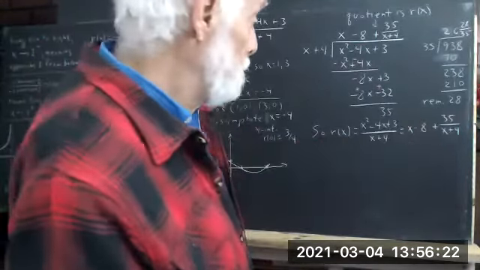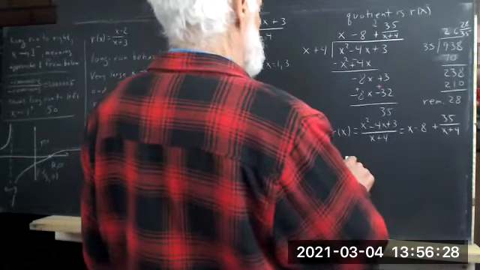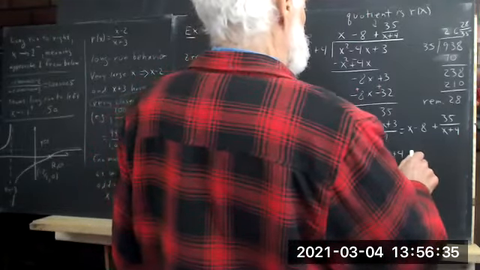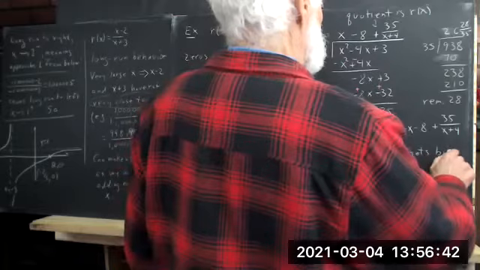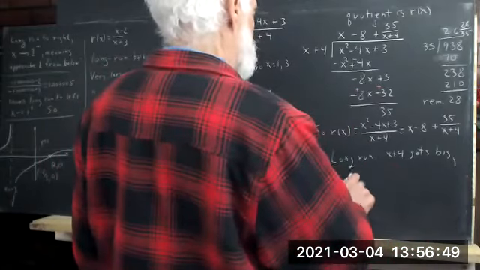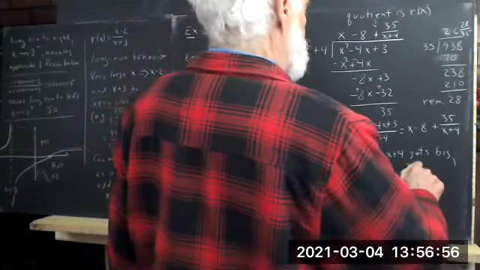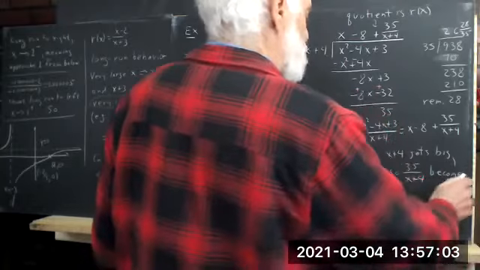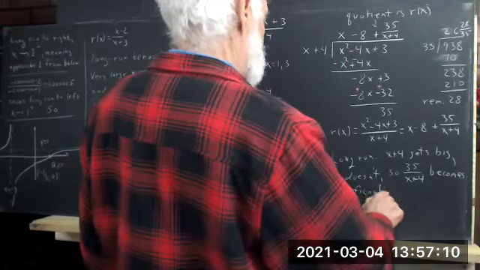When x gets large, x plus 4 gets big. 45 doesn't, so 45 over x plus 4 becomes insignificant.